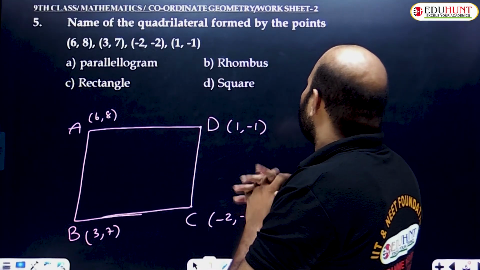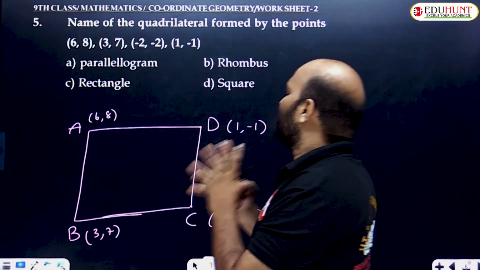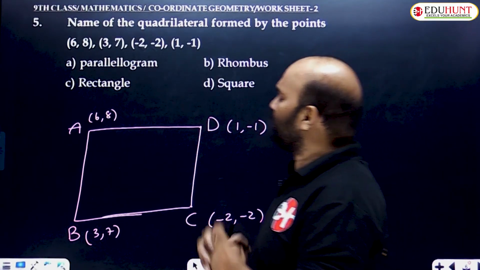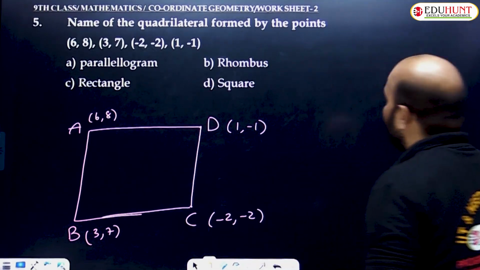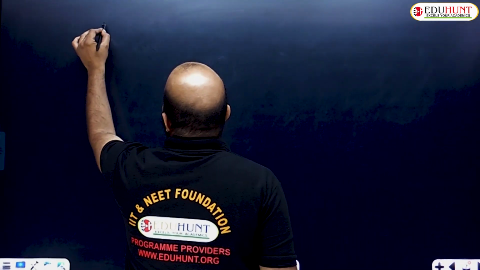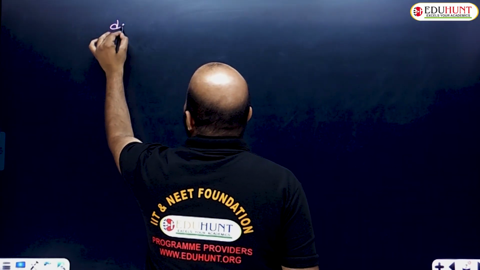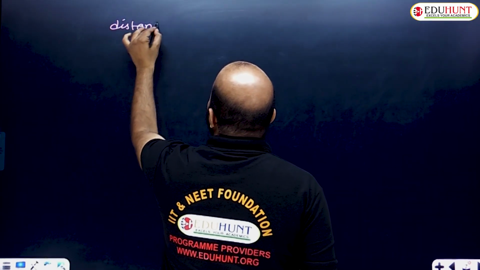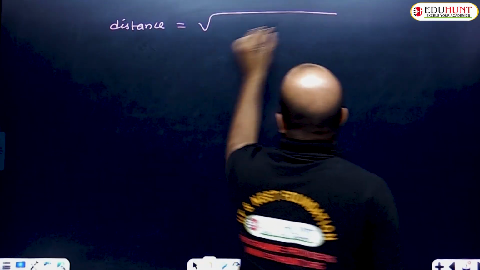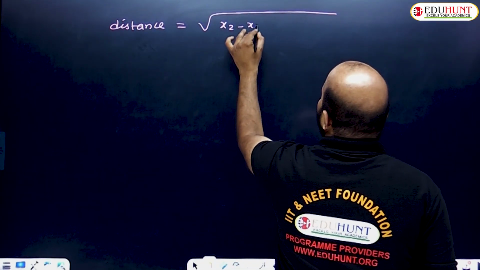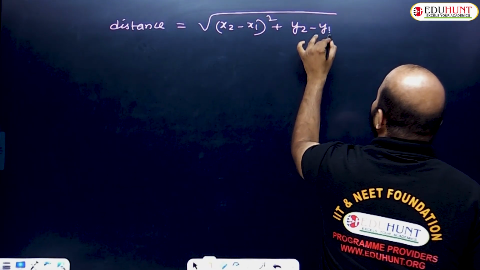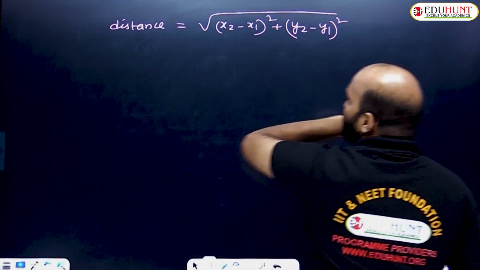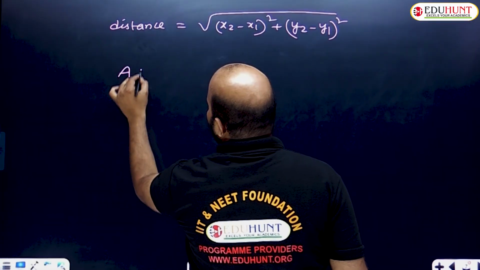You don't know, so by using the distance we can find AB, BC, CD, and DA. So clearly we need to understand. What is the distance formula? Distance equals the square root of (x2 minus x1) whole square plus (y2 minus y1) whole square. First we need to find the AB distance.